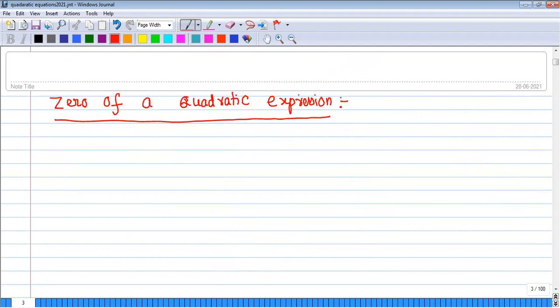Next, zero of a quadratic expression. See, a complex number, complex or real, it may be.